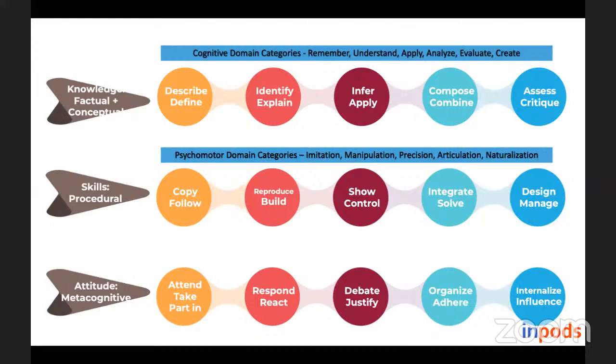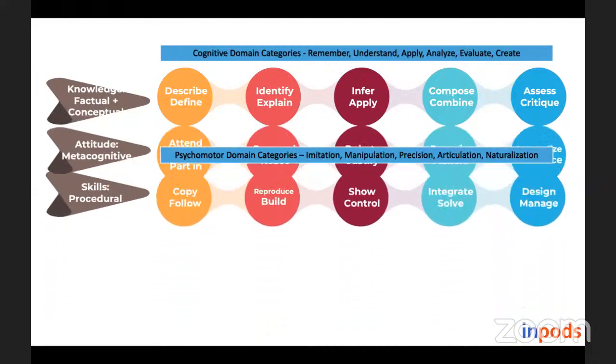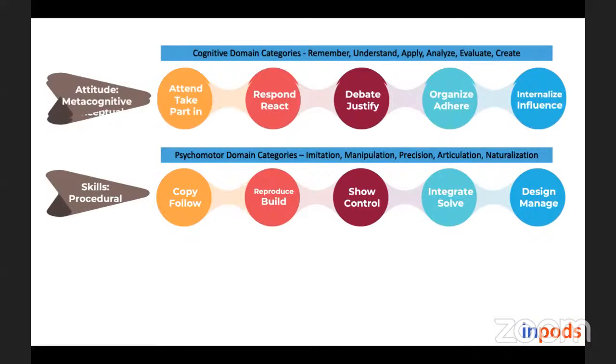But we say that metacognitive knowledge has to be sprinkled all over. It can't be separately taken into account. You can mix it with your declarative and your procedural knowledge.